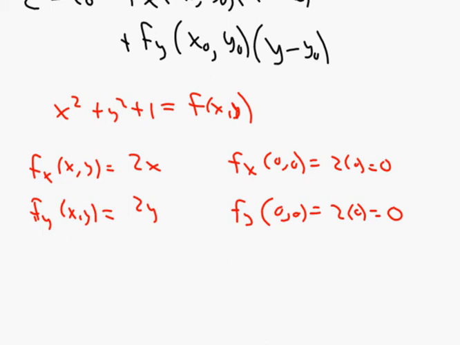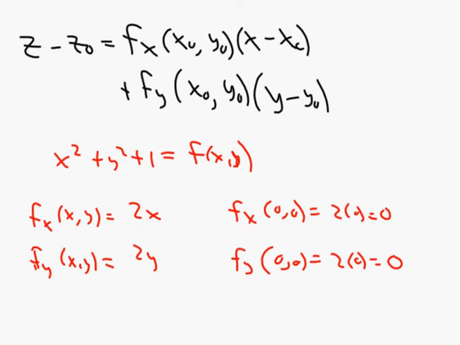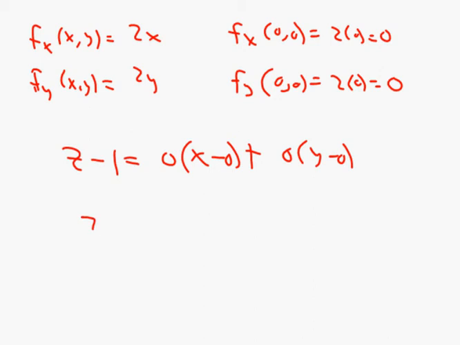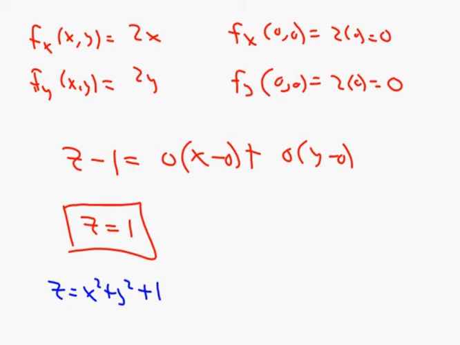Right? And it turns out that that's enough now. Because if we apply the equation of the tangent plane, we get z minus 1 equals 0 times x minus 0 plus 0 times y minus 0. So then you just get z equals 1. And yes, that is the equation of a plane that's horizontal. Okay? And then we also know, because of the nature of the function, here's the function. Think about this. z equals x squared plus y squared plus 1.